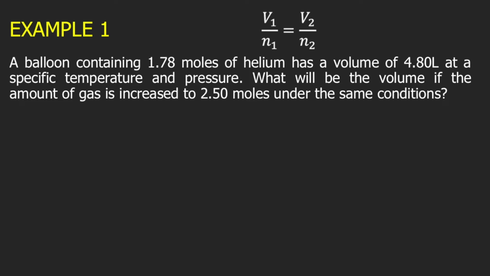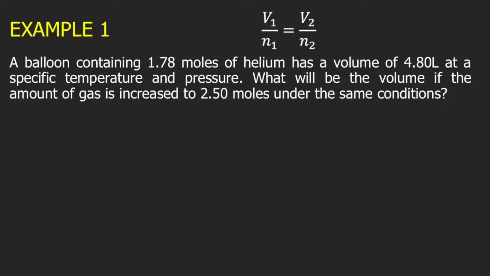For example 1, a balloon containing 1.78 moles of helium has a volume of 4.80 liters at a specific temperature and pressure. What will be the volume if the amount of gas is increased to 2.50 moles under the same conditions? Okay, so we will use Avogadro's law, but first let's determine the numbers that we are going to plug into the equation.